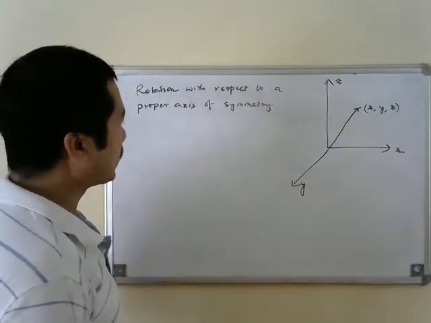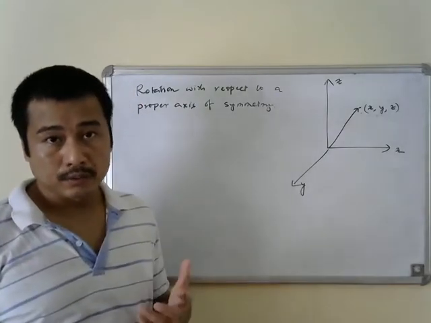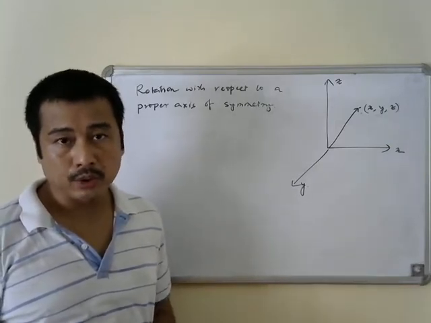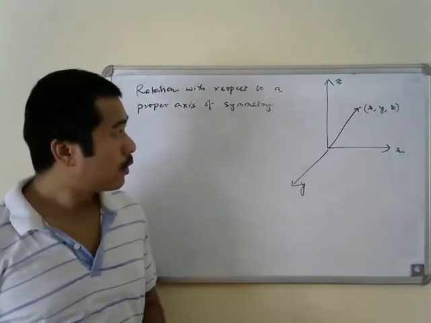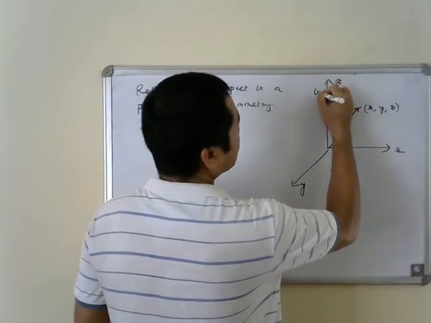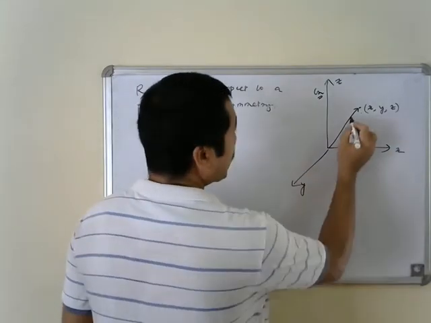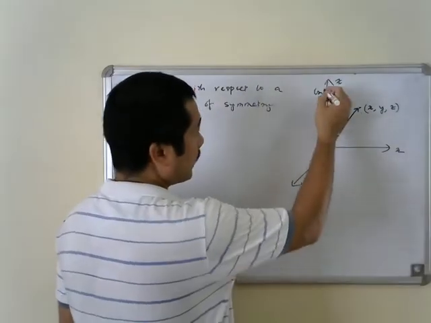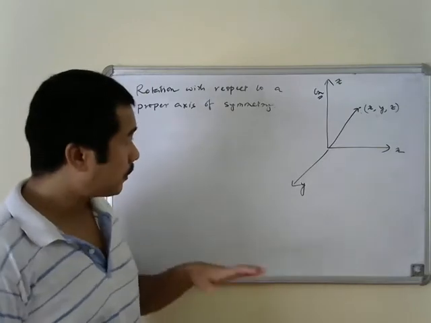So when we do rotation with respect to a proper axis of symmetry, we assume that the principal axis, the proper axis of symmetry of highest order, is along the direction of the z-axis. In this particular Cartesian coordinate system, you assume the principal axis Cn to be along the direction of the z-axis. When you do rotation with respect to the z-axis, the z coordinate is not going to change by any angle.